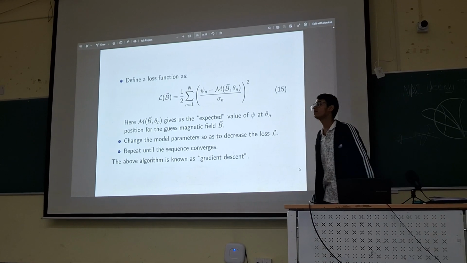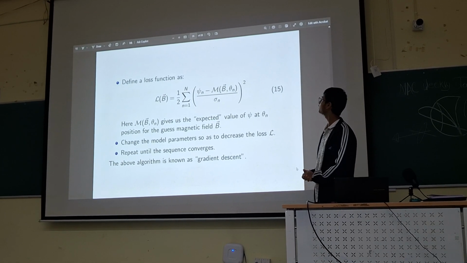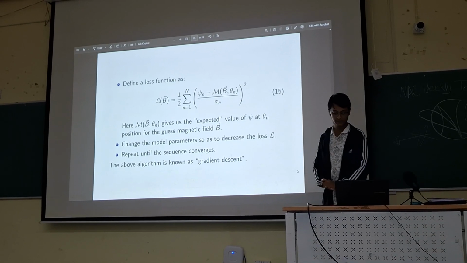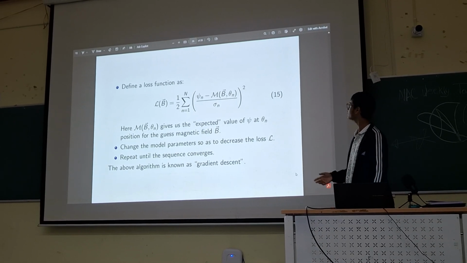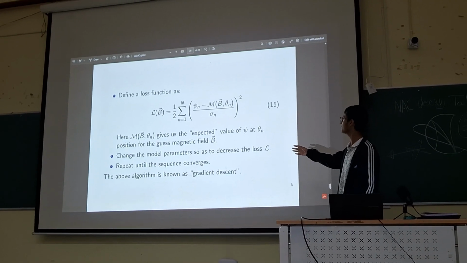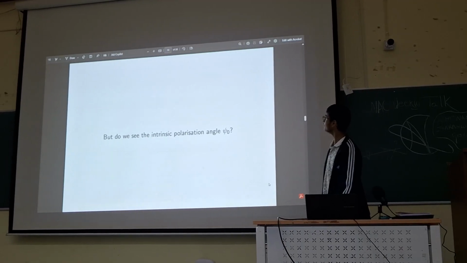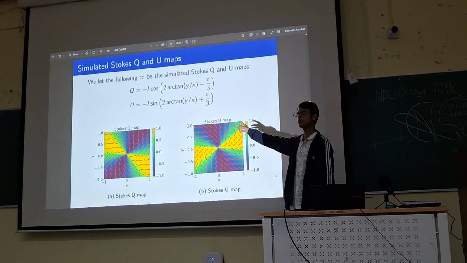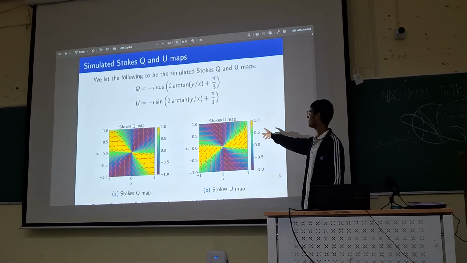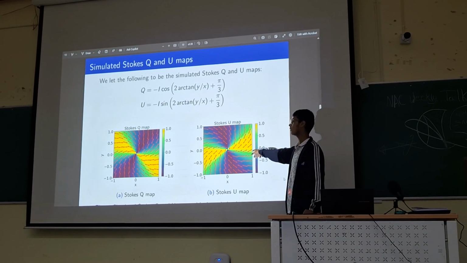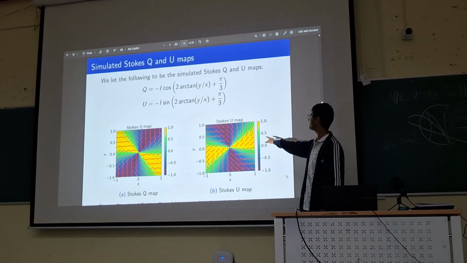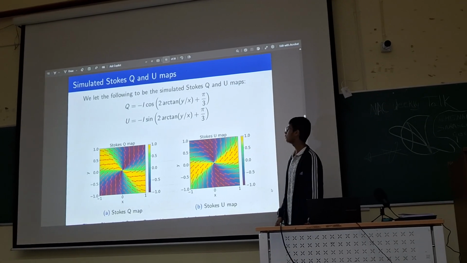What does psi n represent? Psi n is our polarization pattern that we observe. When we use the Stokes Q and U maps, we obtain a polarization pattern, so we get some polarization values.